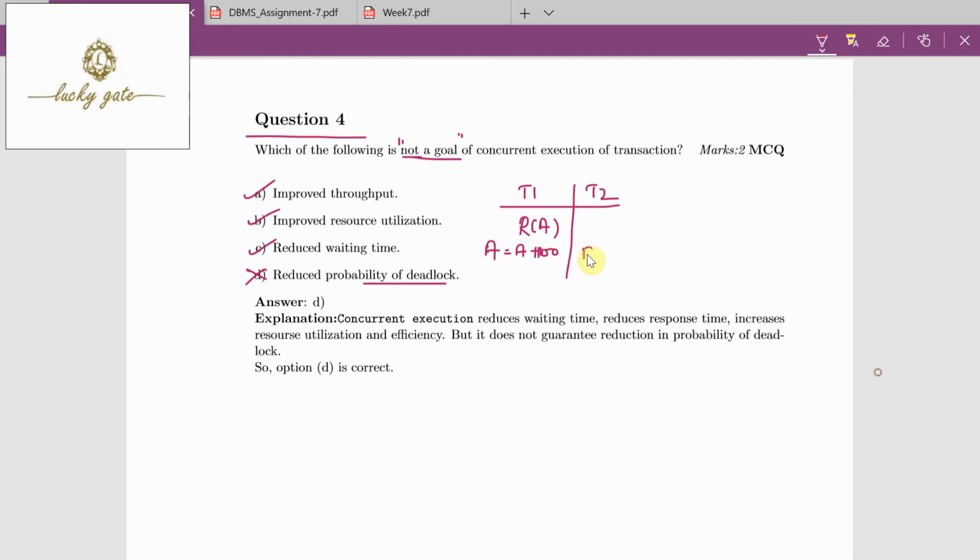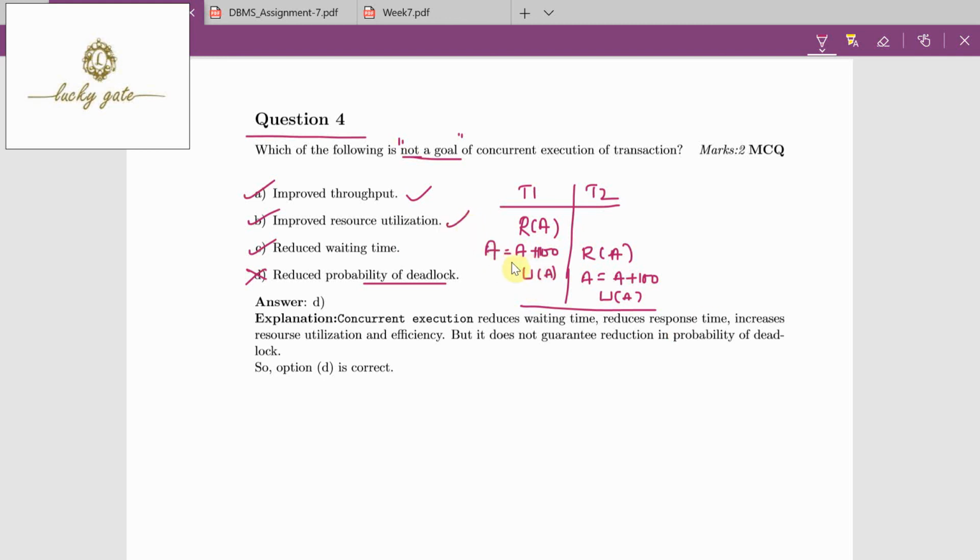Suppose transaction T1 is performing a CPU operation, then at the same time, instead of T2 sitting idle, T2 can perform an IO operation because it uses IO resources. Whenever T1 performs an IO operation, the CPU resource is free. Now T2 should perform a CPU operation, and vice versa. If you execute like this, you are allowing more than one transaction to run simultaneously, which improves the throughput, and resources will be utilized efficiently.